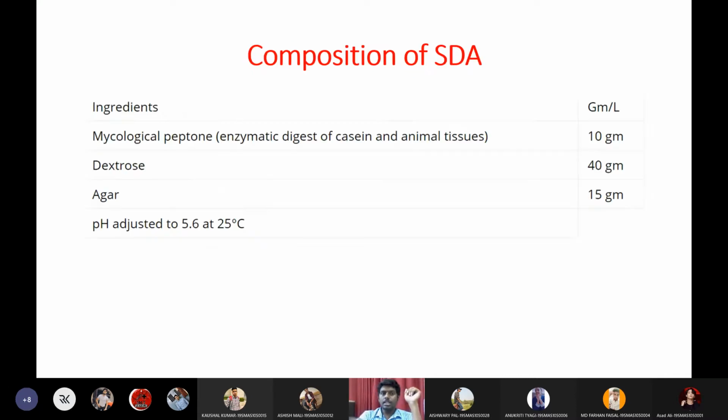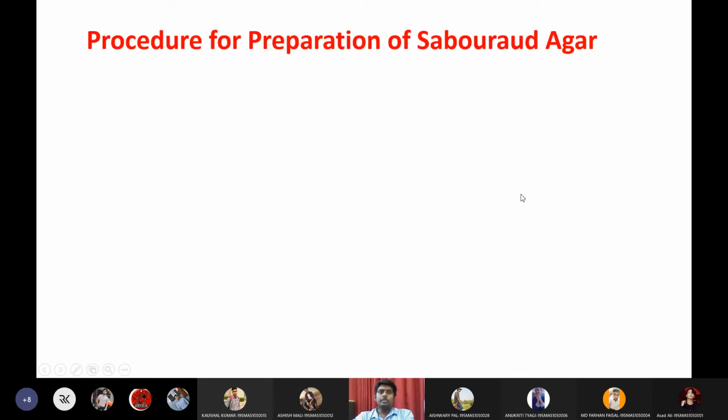It contains dextrose, agar, enzymatic BHI, and chloramphenicol and cycloheximide will be present within this SDA itself. It is ready-made, and the pH should be around 5.6. So this is the composition of SDA. The BHI is 10 grams, dextrose 40 grams, agar is 15 grams. So this is the composition of SDA.